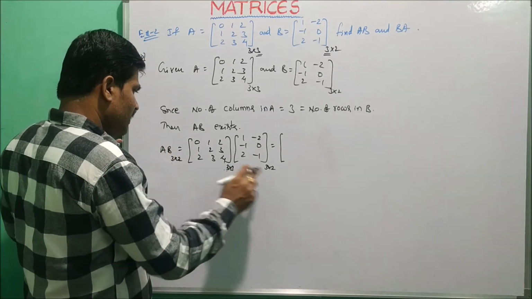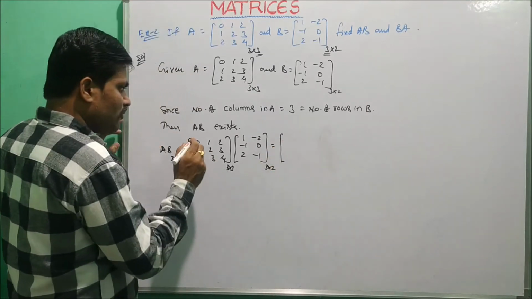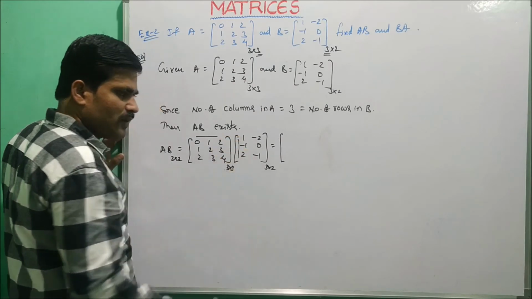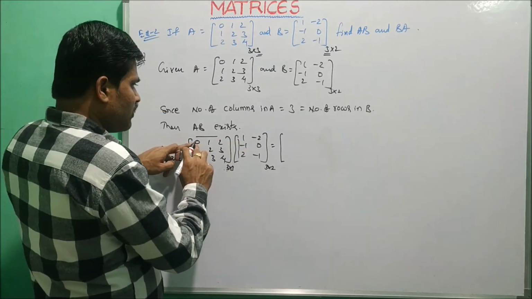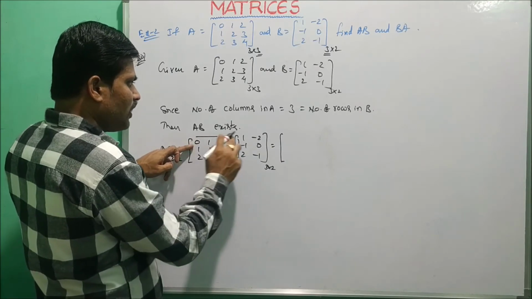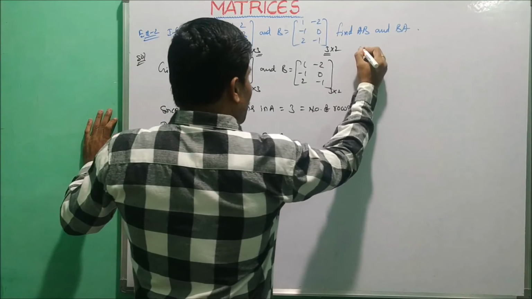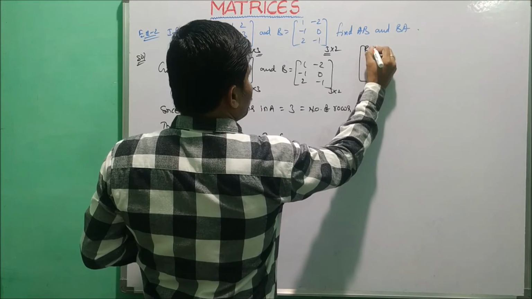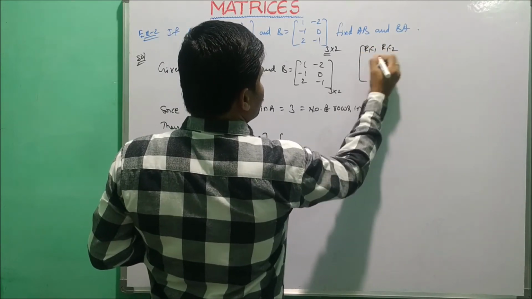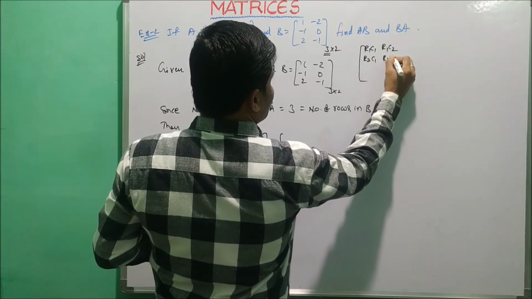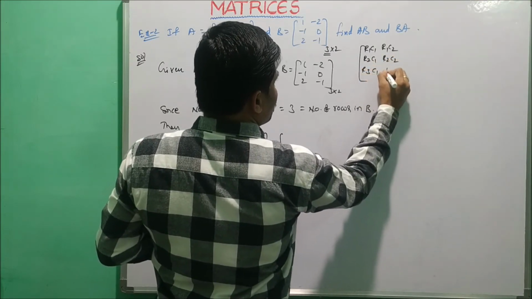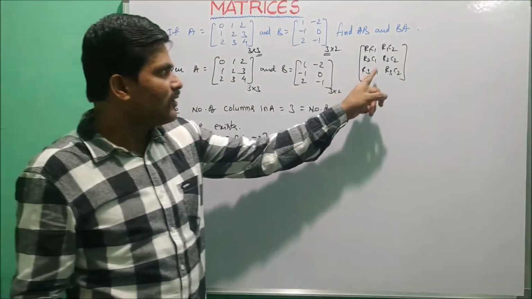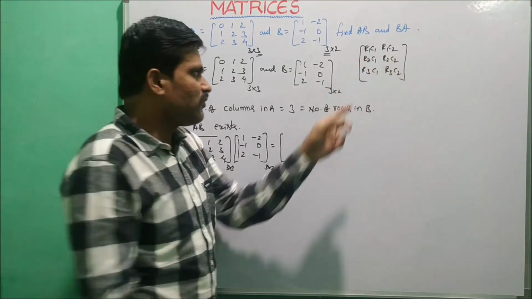First we take the first row in the first matrix A and the first column in the second matrix, and we write the sum of products of those elements. 3 by 2 means R1C1, R1C2, R2C1, R2C2, R3C1, R3C2. So this is a 3 by 2 matrix, with 3 rows and 2 columns.